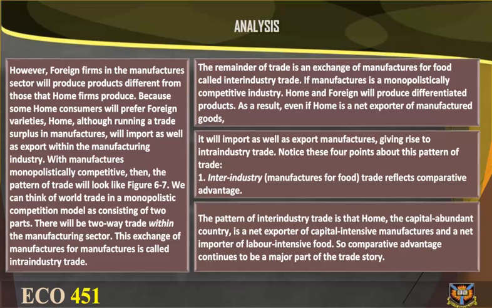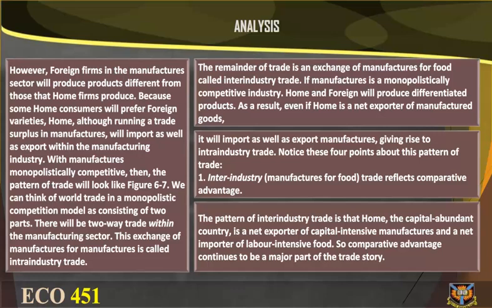Analysis. However, foreign firms in the manufactures sector will produce products different from those that home firms produce, because some home consumers will prefer foreign varieties. Home, although running a trade surplus in manufactures, will import as well as export within the manufacturing industry. With manufactures monopolistically competitive, the pattern of trade will look like figure 6.7.